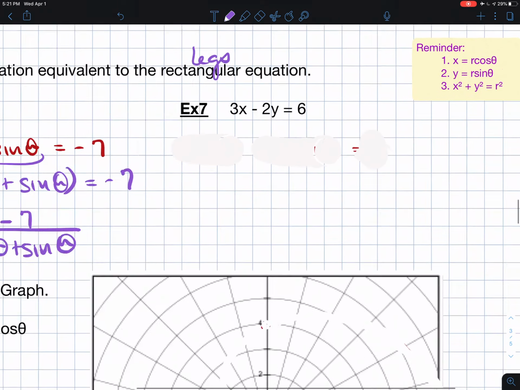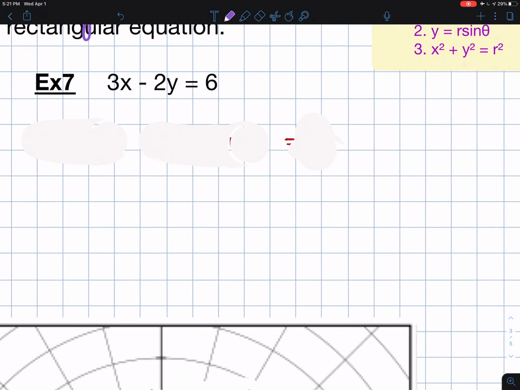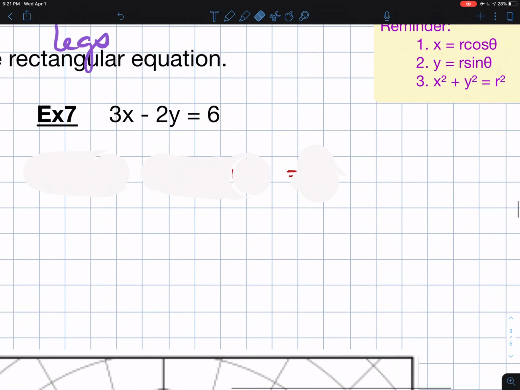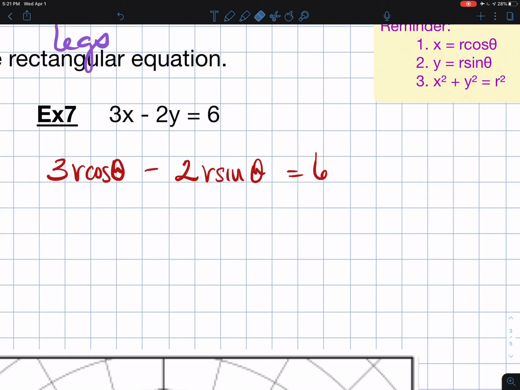Let's do the same thing on number 7. So I have a 3. Let's take out the x and replace it with r cosine theta. Then I have a -2. Take out the y, replace it with r sine theta, equals 6. And again, if all you're asked to do is to convert your formulas, this is sufficient.